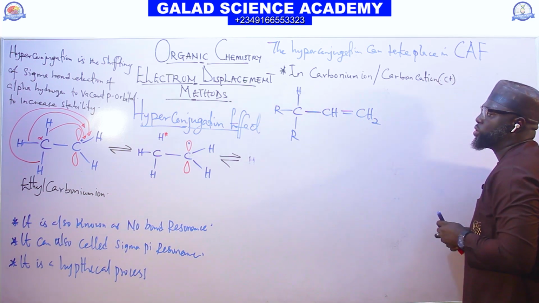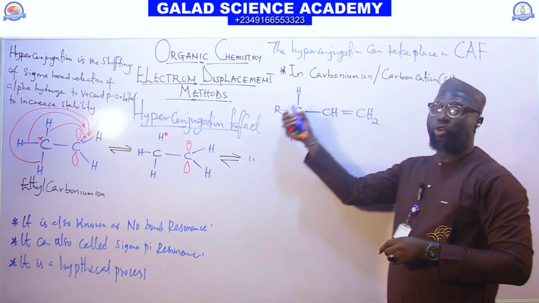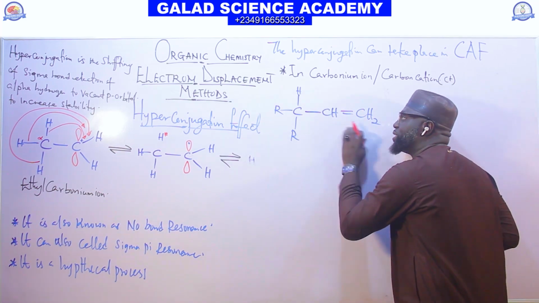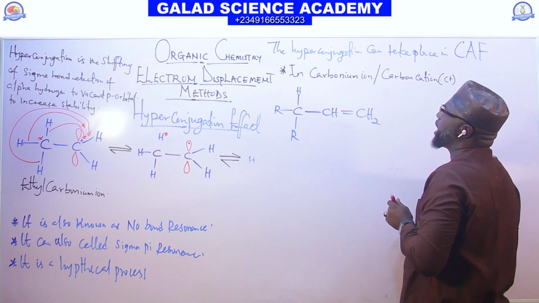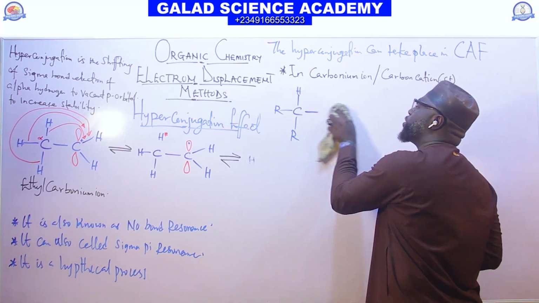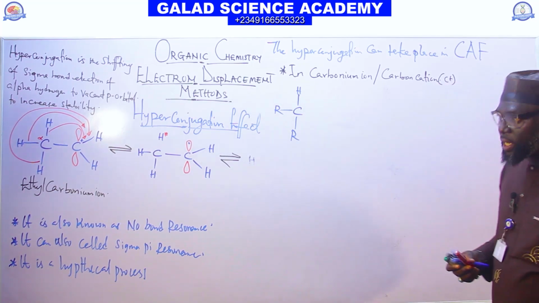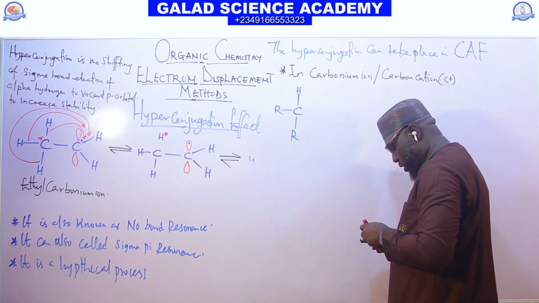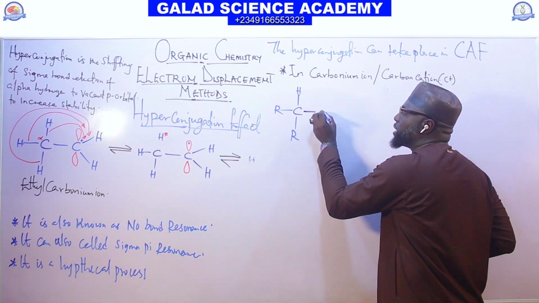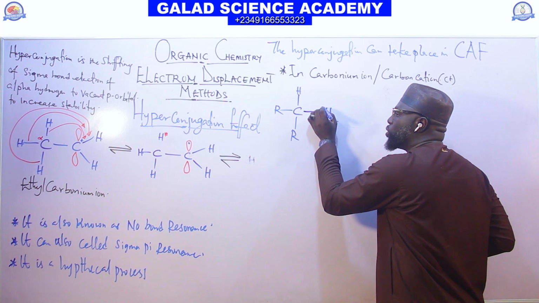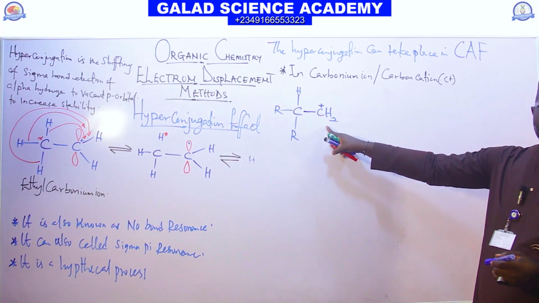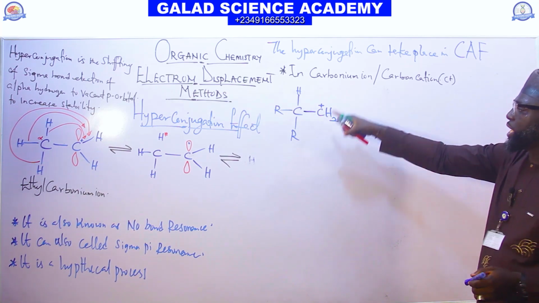Now, I'm looking for an example of a carbon cation. Let me put C, and H2 plus here. Because of the presence of plus here, this compound is called a carbonium ion.